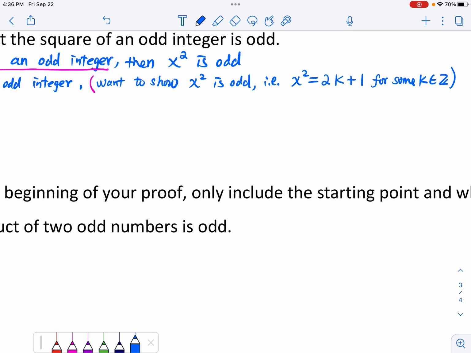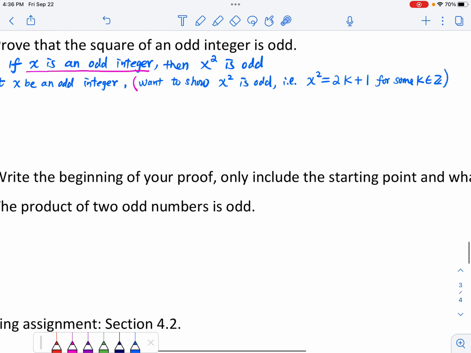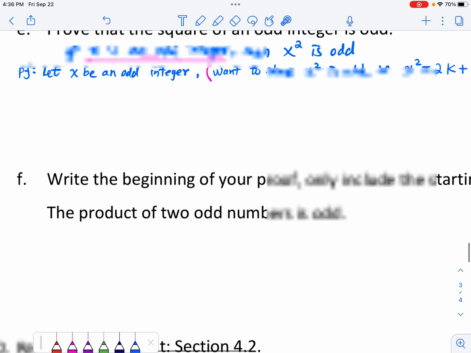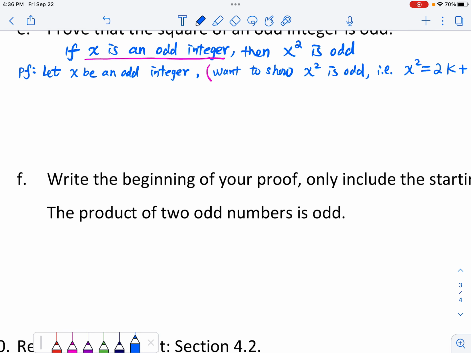So that's basically the goal. Once you get to this point, you can make this conclusion automatically. All right, let's begin with let x be an odd integer.